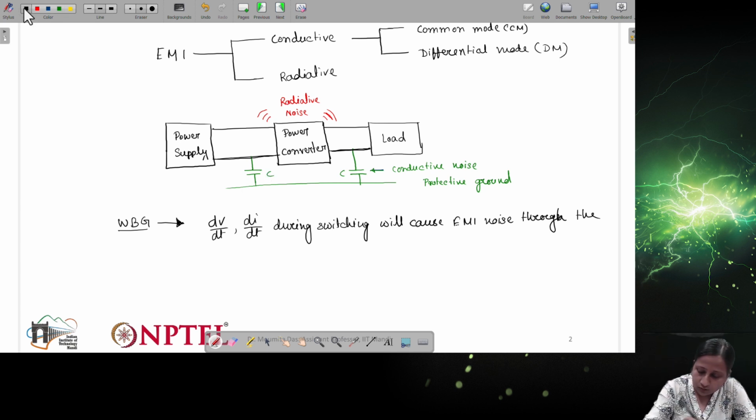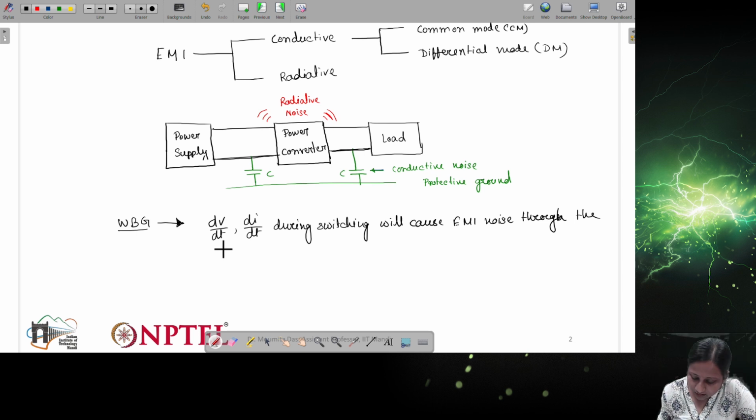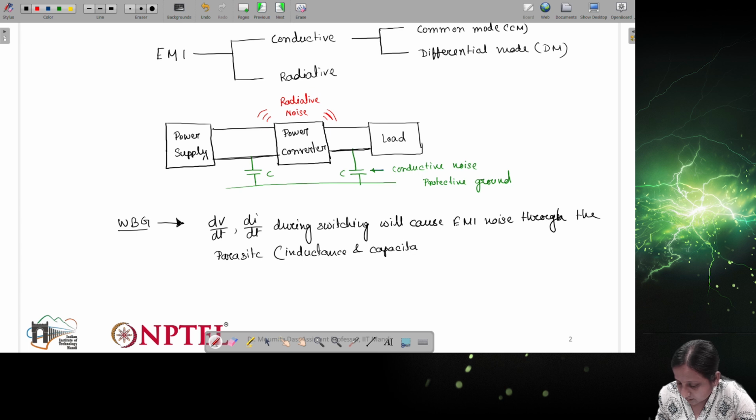They are not present as such in the circuit, but they will be there in any converter with respect to the protective ground. If the frequency is higher, then this component becomes quite significant through the parasitic inductance and capacitance components.